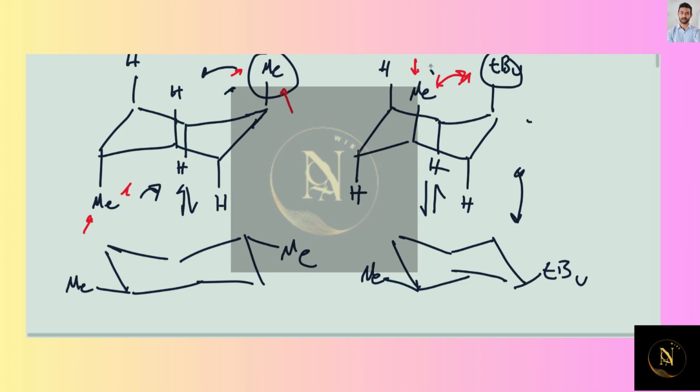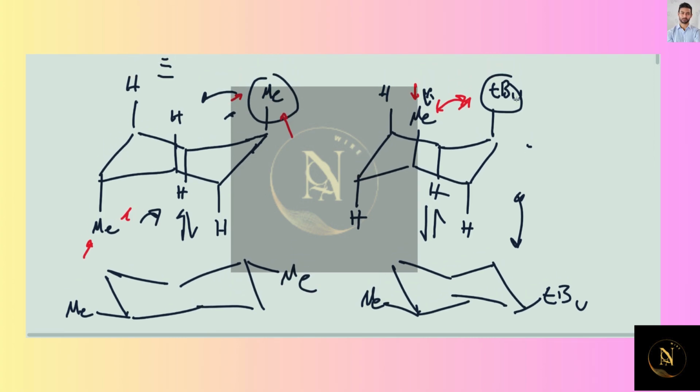Recall that even just methyl 1,3 interactions are highly unfavorable. Methyl tert-butyl 1,3 interactions are even more disfavorable, right? This tert-butyl group, if we actually draw it on here, is pretty massive, right?